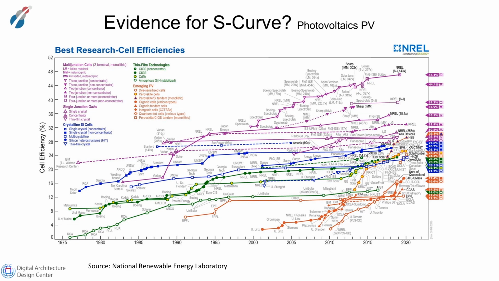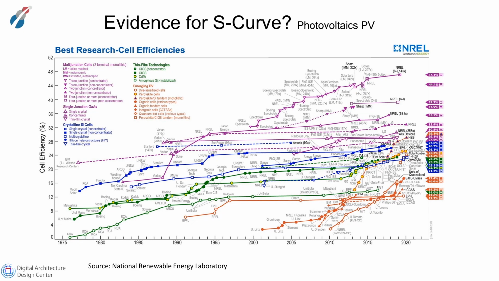The different colors show different types of solar cells. Multi-junction in purple are the most efficient. Crystalline silicon cells are the majority that we can buy commercially, less efficient, in the range of 20%, 25%. Thin film technologies are quite new, and then emerging PV, including organic cells and quantum dot cells. We're just at the beginning here.